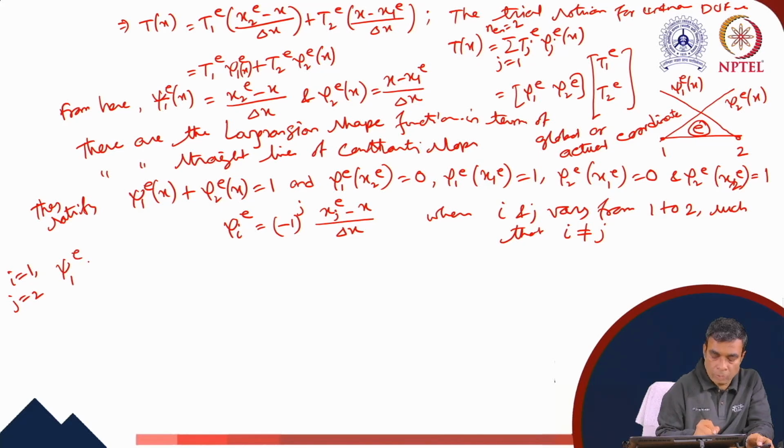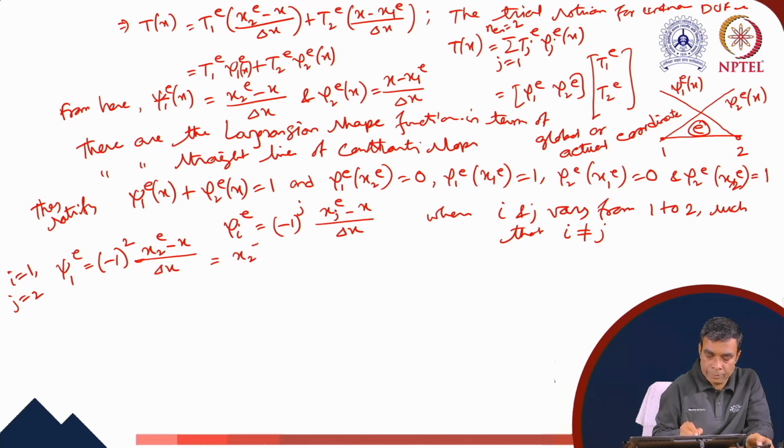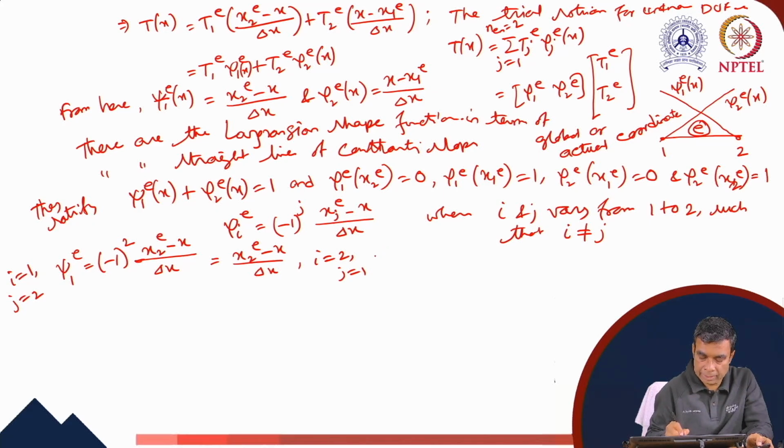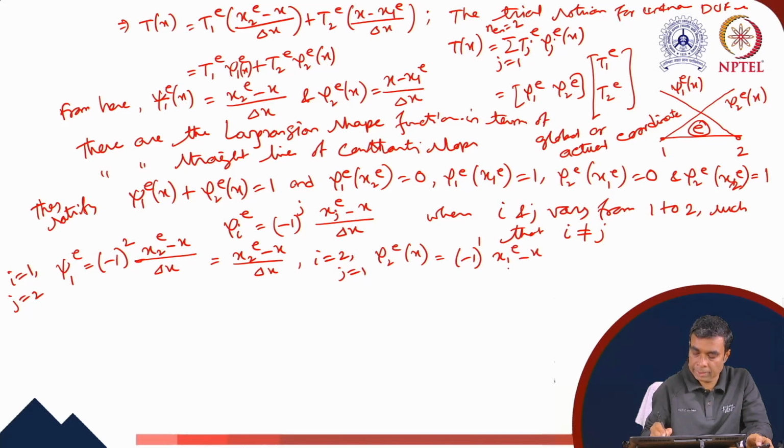So psi 1e equals (minus 1) to the power 2 into (x2e minus x) by delta x. So psi 1e equals x2e minus x by delta x. For i equals 2, j equals 1. So this gives us psi 2e(x) equals (minus 1) to the power 1 into (x1e minus x) by delta x, that is x minus x1e by delta x.